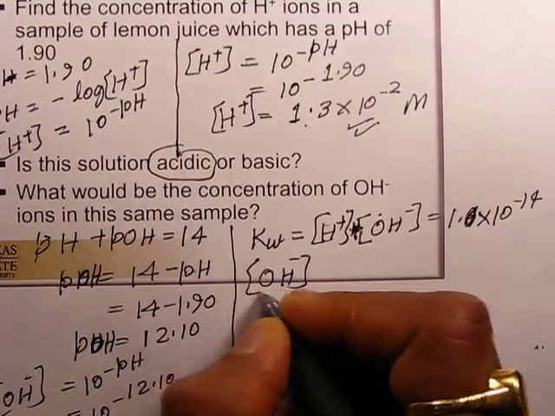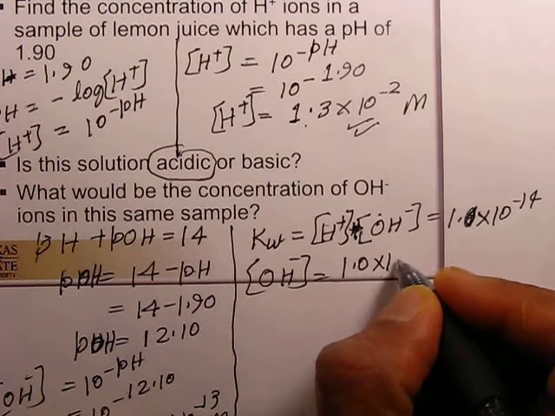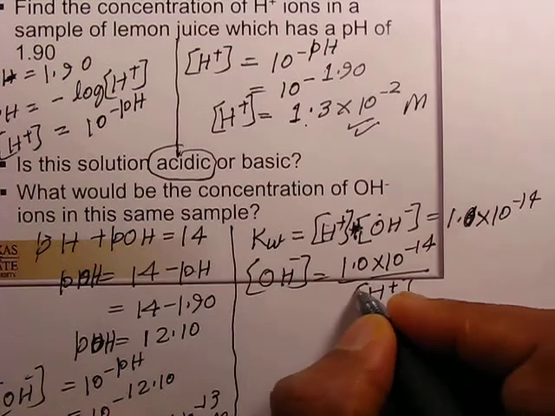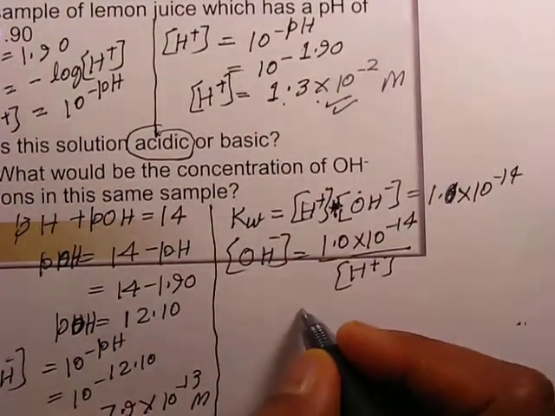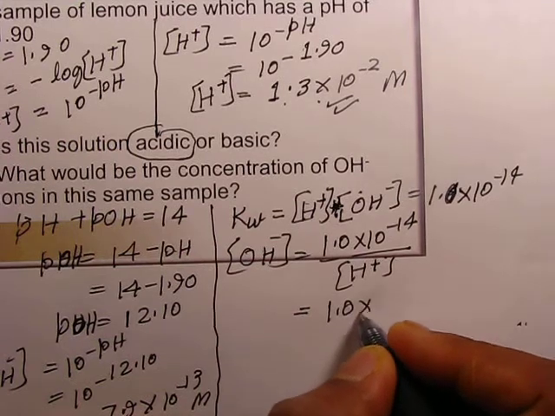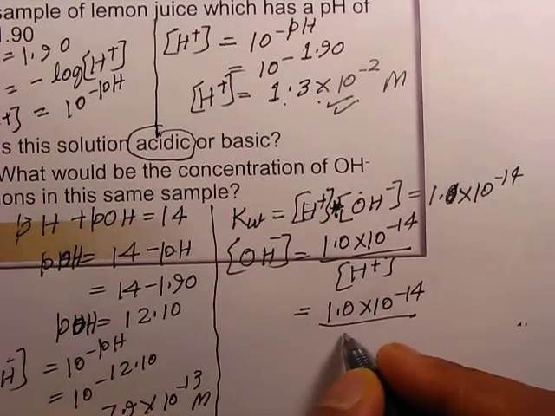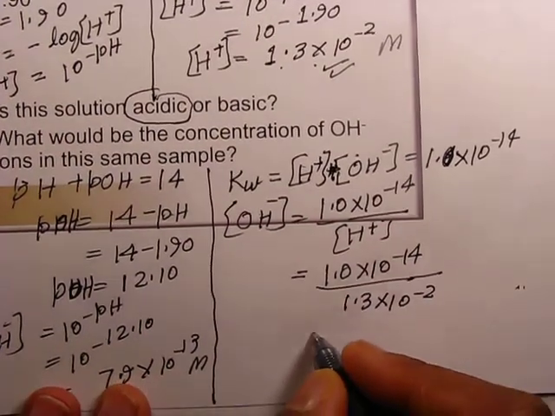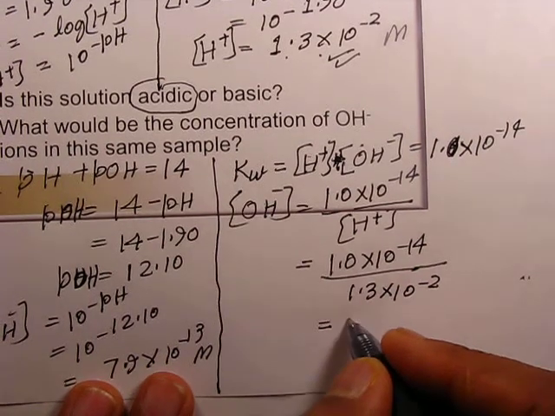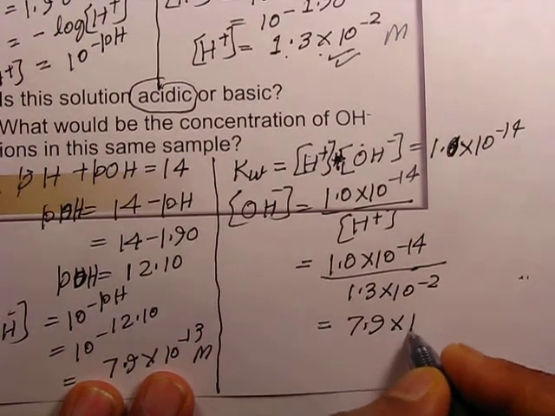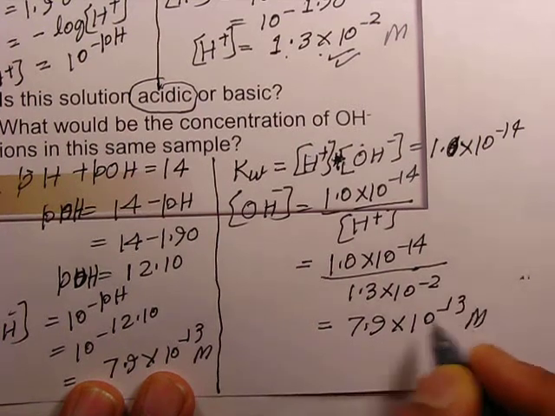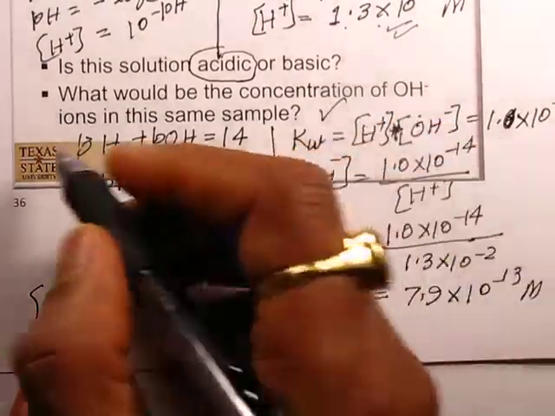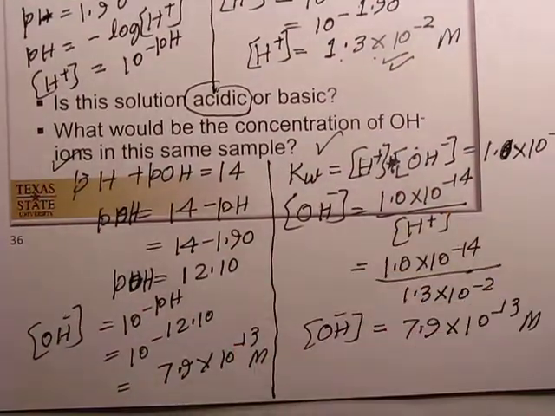Hydroxyl ion concentration will be equal to 1.0 times 10 raised to the power minus 14 divided by the hydrogen ion concentration. The hydrogen ion concentration we have already calculated, so 1.0 times 10 raised to the power minus 14 divided by 1.3 times 10 raised to the power minus 2, and once we solve this on the calculator, it will come to 7.9 times 10 raised to the power minus 13 molar. So you can use either this formula or this formula, and you will get the same answer.